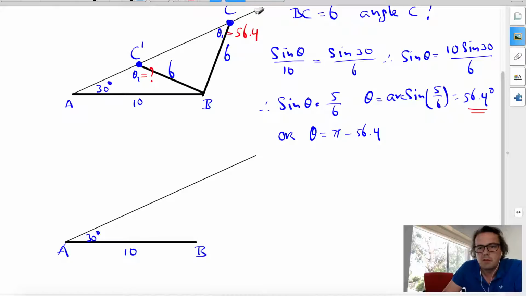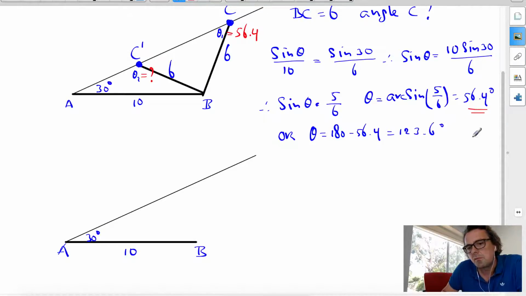So let me fix that for you. 180 take away 56.4. So that's 123.6. So that's theta 2. This is theta 1.